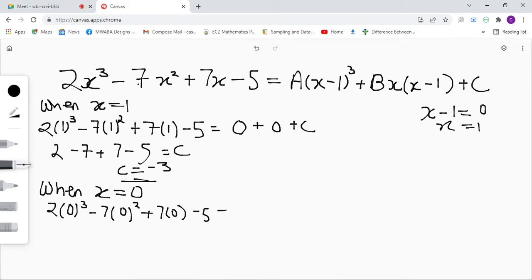So if x equals 0, we'll say 0 minus 1 is negative 1. Negative 1 times a is negative a.